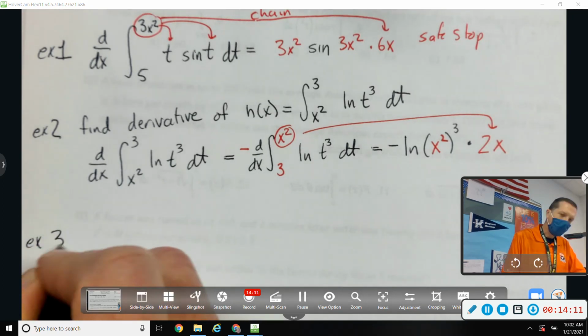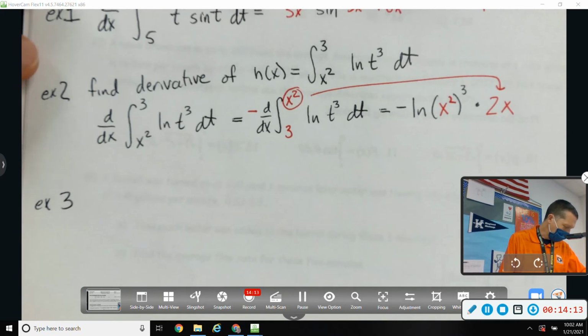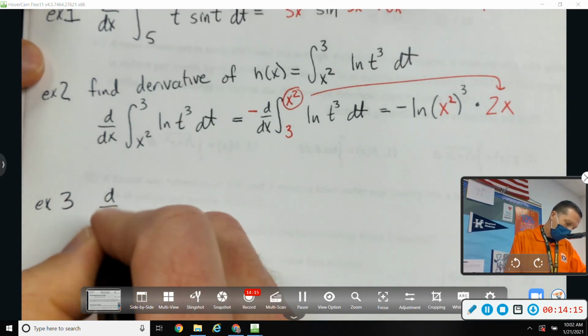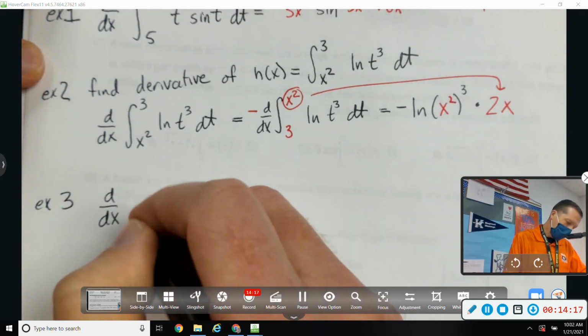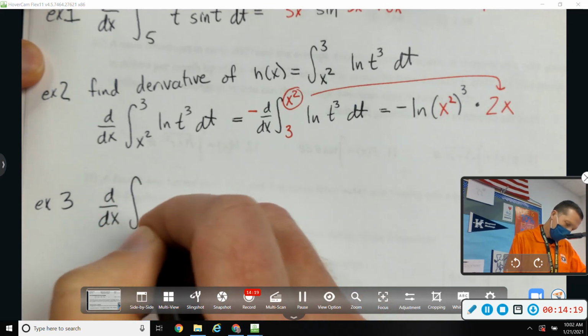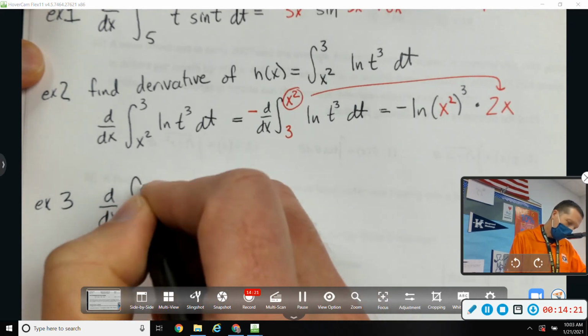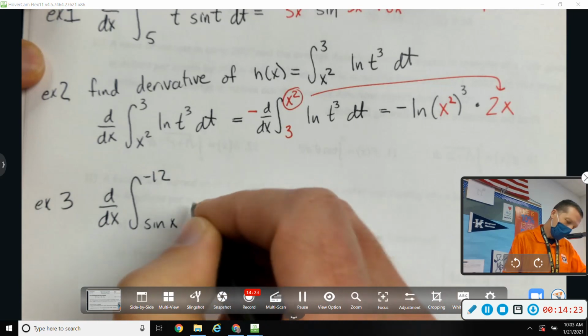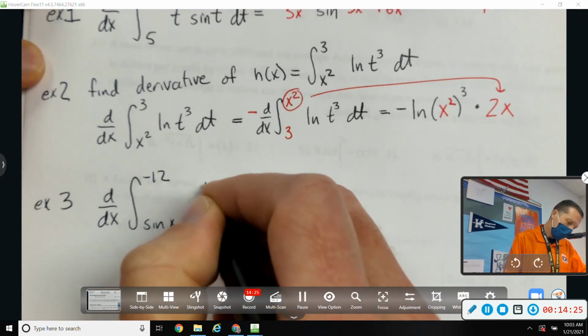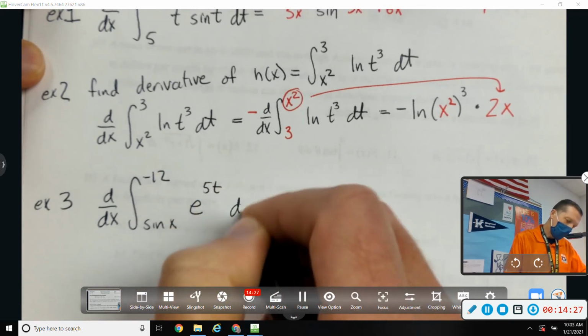Let me give one for you to try, and you can get started on the homework. Find the derivative of the integral from sine x to negative 12 of e to the 5t dt.